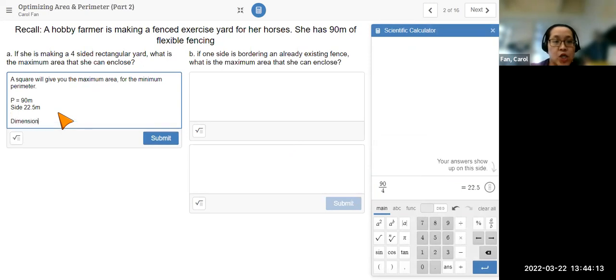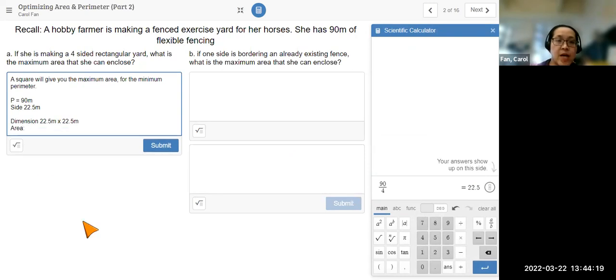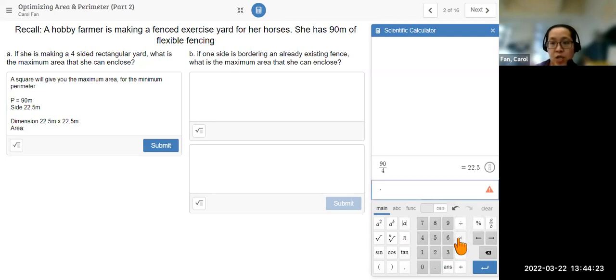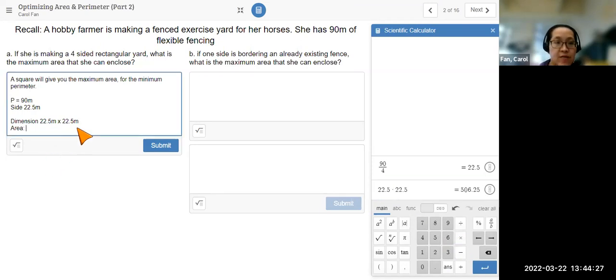So the dimension is going to be 22.5 meters times 22.5. And our area will be 22.5 times 22.5, 506.25 meters squared.